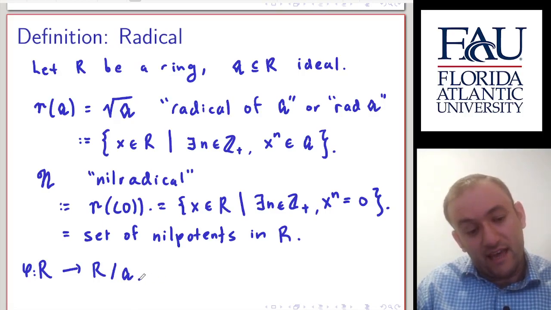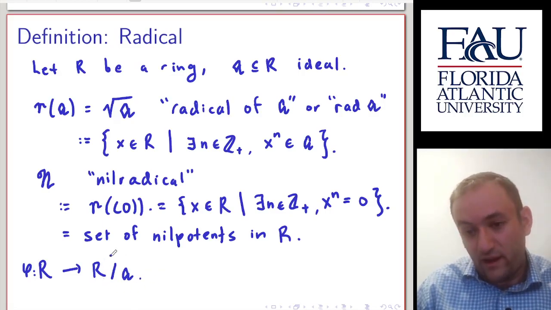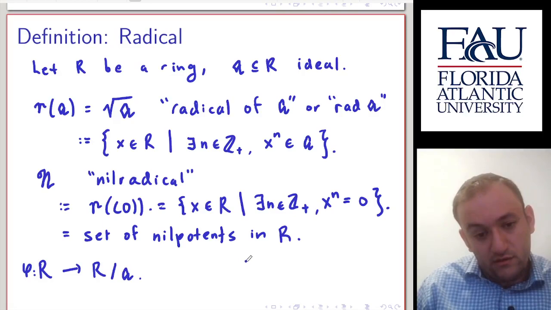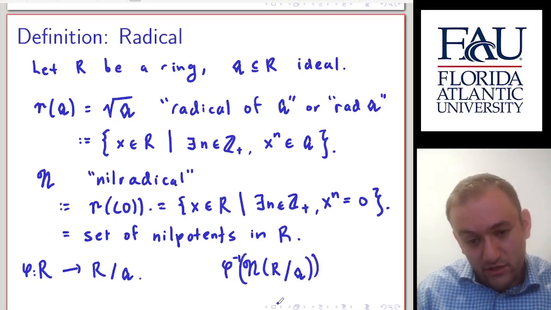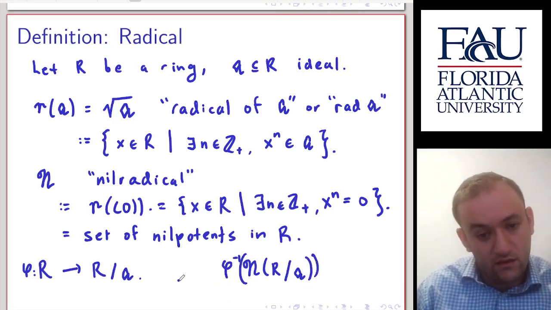And then let N be the nil radical in R mod A. So take N with respect to R mod A, and then take the preimage under phi of that nil radical.